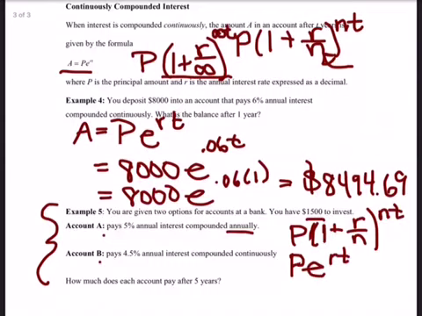So you have a 5% annual interest that compounds annually, so you can use this equation with the $1,500, or a 4.5% compounded continuously, that's this equation. I want you to figure out how much money you'd have after 5 years, and then which bank account would you choose?